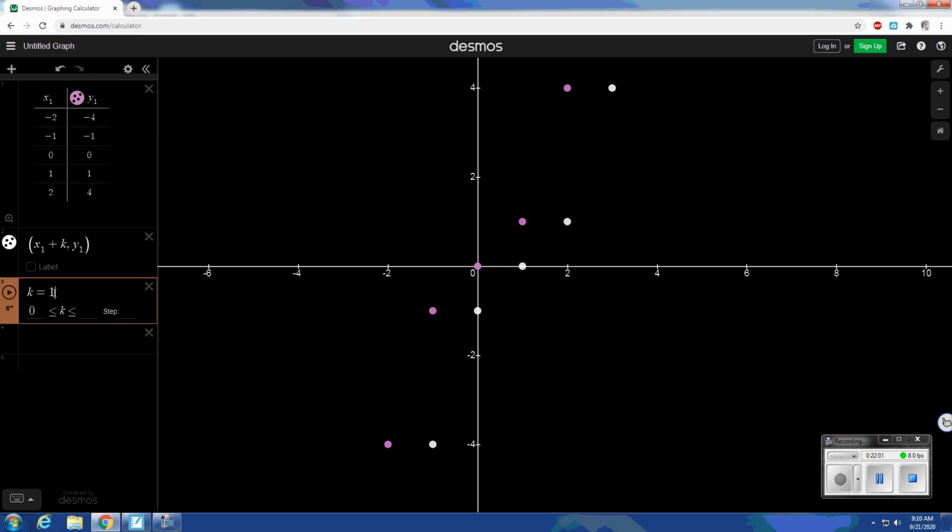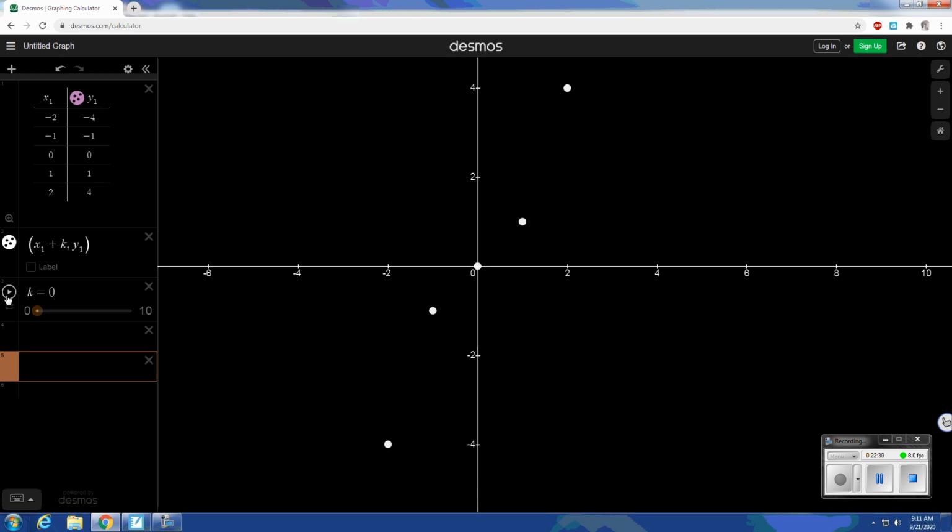We'll have k start at 0 and range between 0 and 10. So k is going to be a positive number, and it's going to head towards 10.